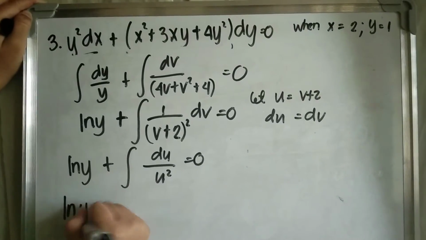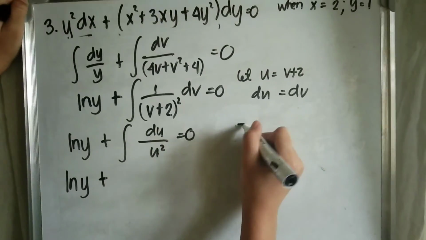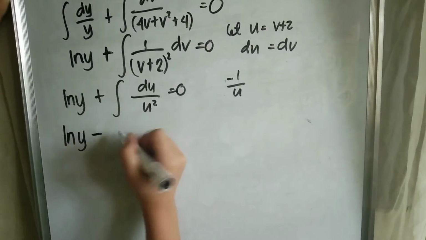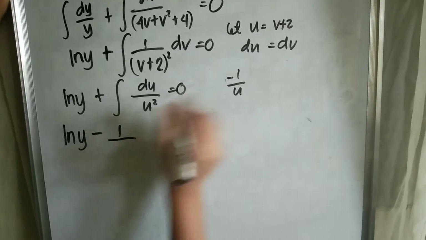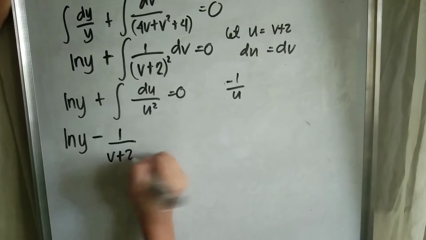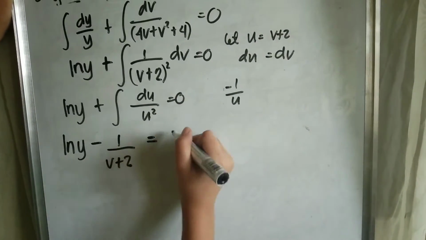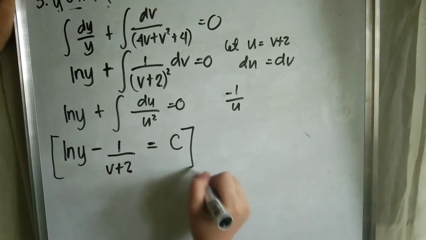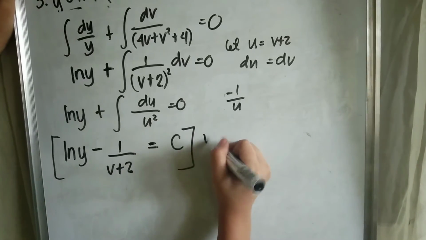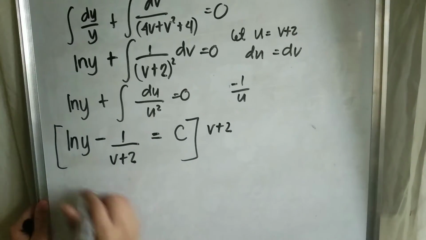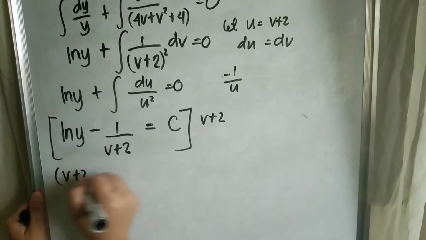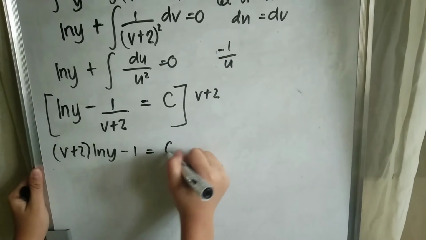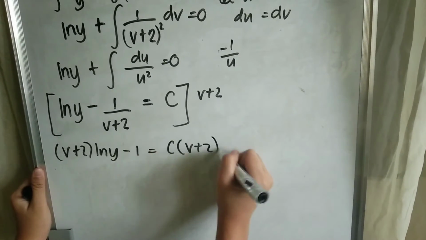So copy plus, so that will become negative 1 over u, so this will become negative 1 over v plus 2, since u equals v plus 2, equals c. And then we will multiply both sides by v plus 2. This will become v plus 2 ln y minus 1 equals c times v plus 2.